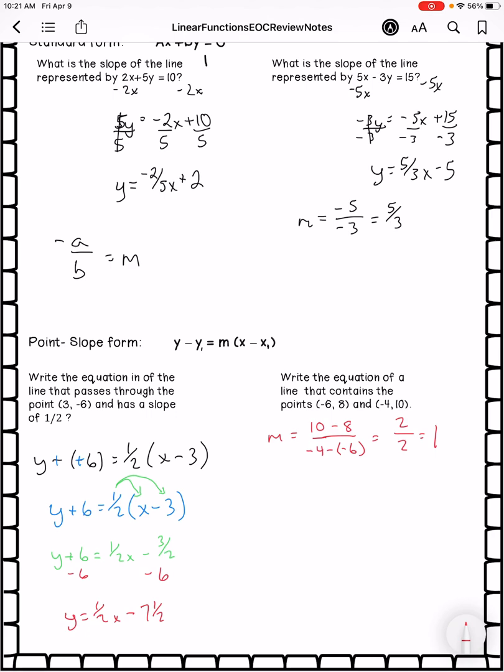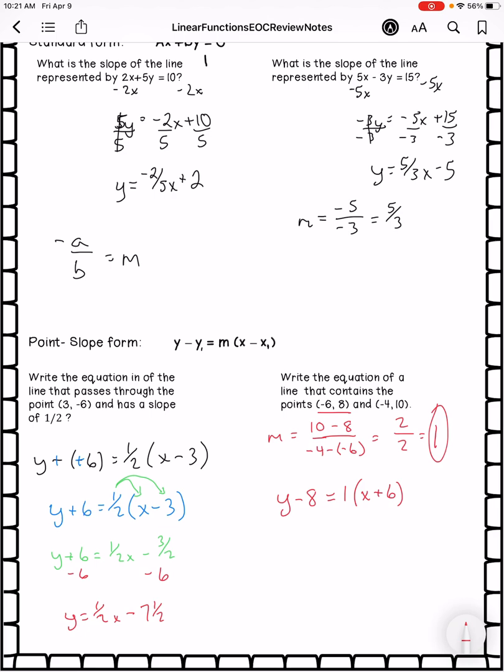All right, then I would go to write my equation, and I would use the first point and use the slope that I found. So I would say y minus 8 equals 1, and you wouldn't even have to put the 1 necessarily, but 1 in front of x, and then it would become plus 6 because it's the opposite of what we see in the point. So 8 became minus 8, negative 6 became plus 6.